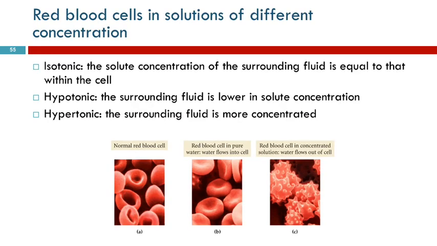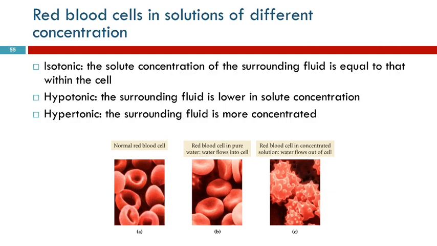This is what can happen if you put red blood cells into different sorts of solutions. This slide, you should pay attention to this slide. There might be a question on the final regarding this slide, hint, hint. So here's a normal red blood cell.